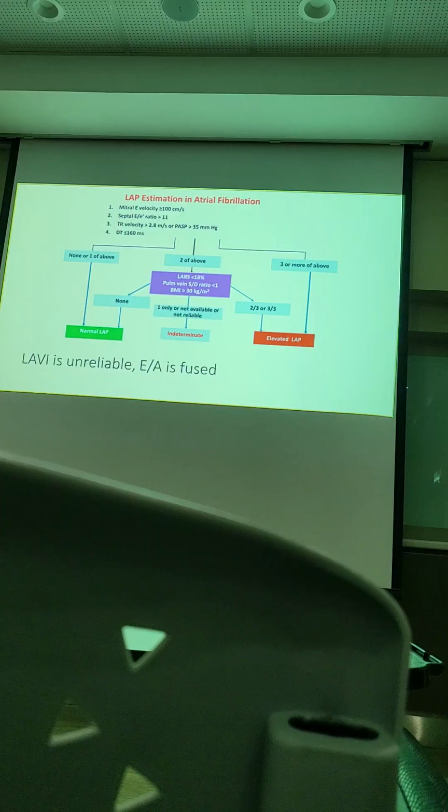Kena ingat, when patient has AF, the LAVI is not reliable. Sebab patient with AF, kalau dia tak ada high LA pressure, the LAVI will be raised. Okay? So the LAVI doesn't signify the high LA pressure. Okay? And the EA will be fused, but there's no atrial contraction. So you can use this algorithm to help you decide whether this patient have elevated LA pressure or normal LA pressure. Okay? Kalau patient ada AF.